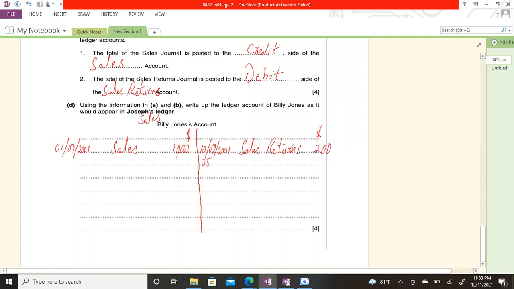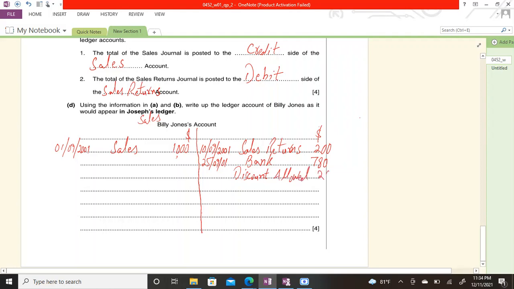Then 25th September 2001, received amount from Billy Jones, bank debit 780, and discount allowed. The cash discount for the seller is discount allowed, $20.